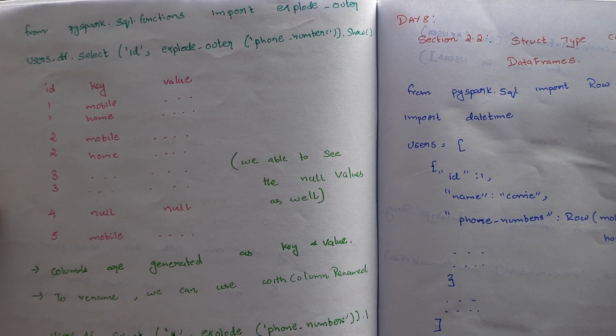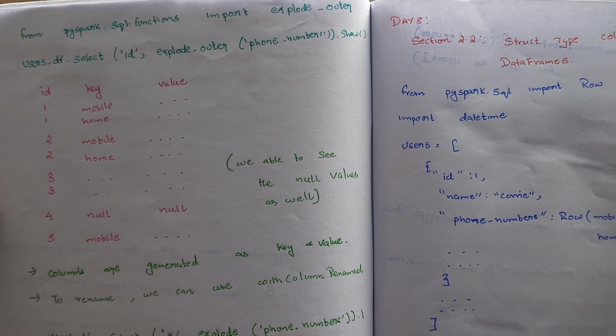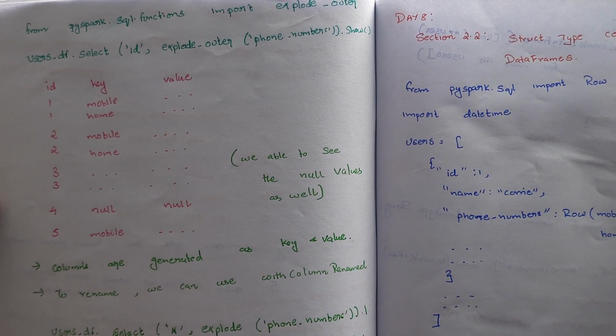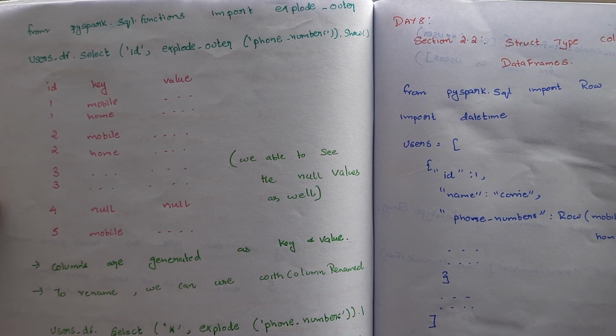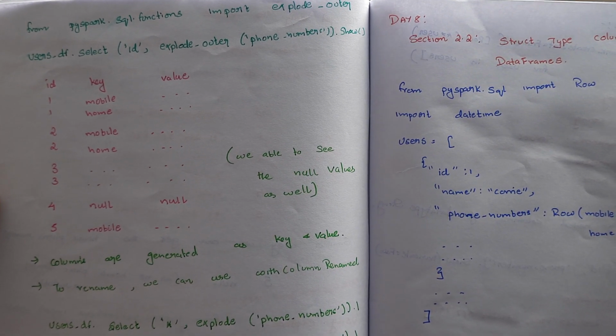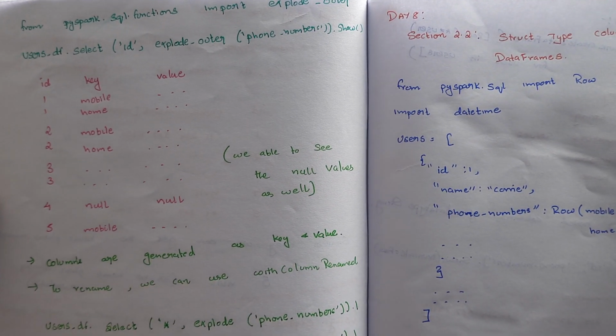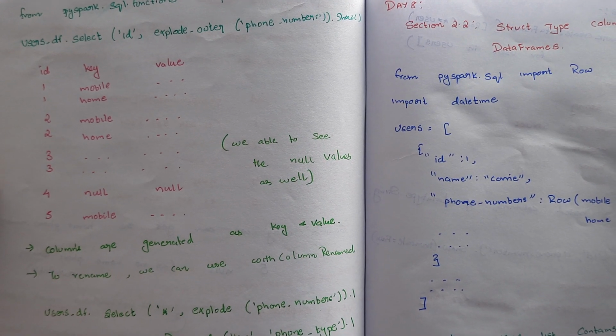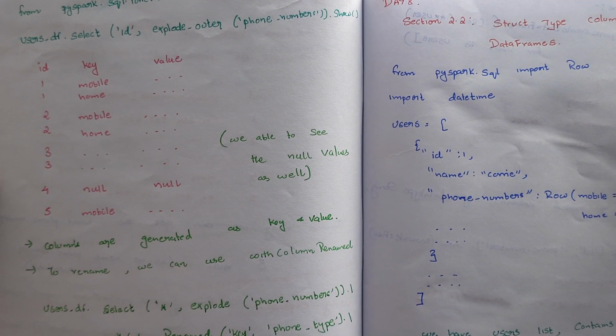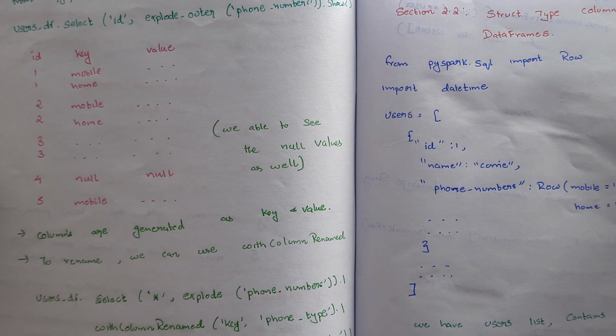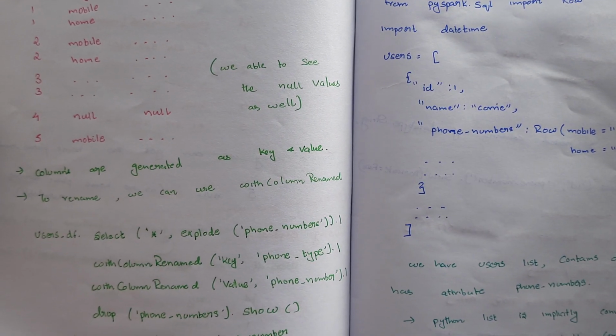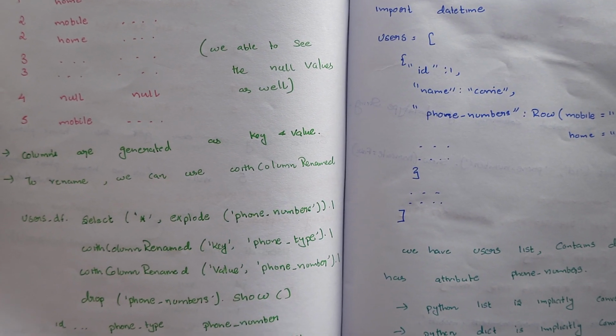From pyspark.sql.functions import explode_outer, users_df.select id, explode_outer of phone number. Then we will see id 4 with the key and value as null. So that is the difference between explode and explode_outer.